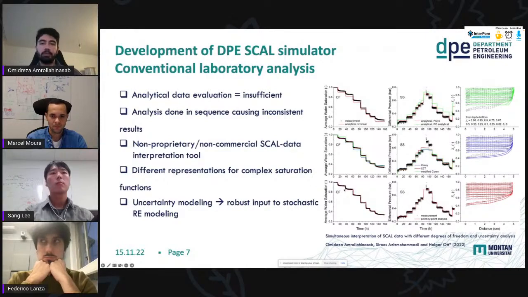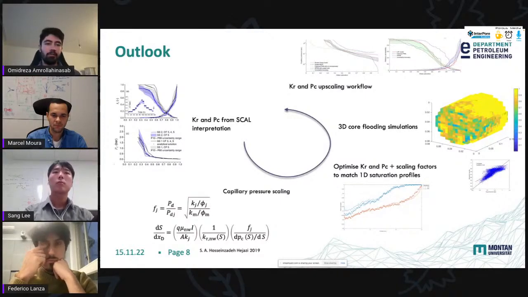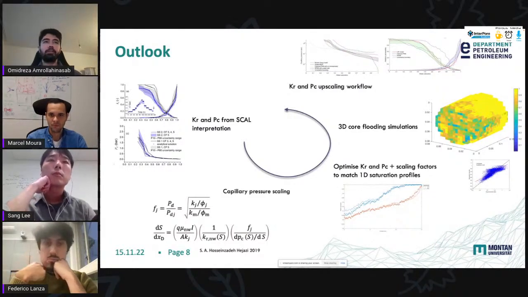What we are planning for the future is that once we have the ranges calculated from scale, so the uncertainties are quantified, we would like to see how we can upscale this, right? So what is trending right now in the literature is the capillary pressure scaling methods.